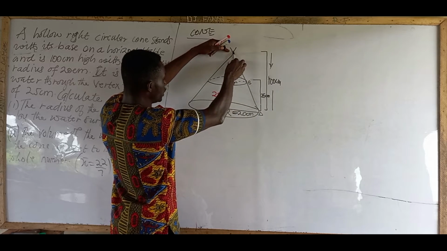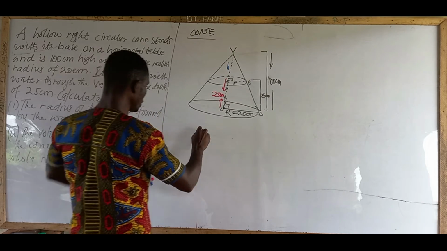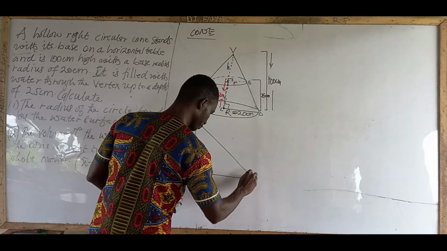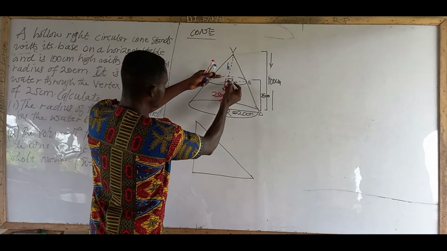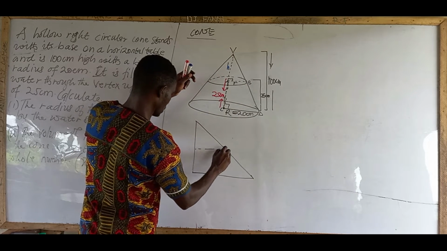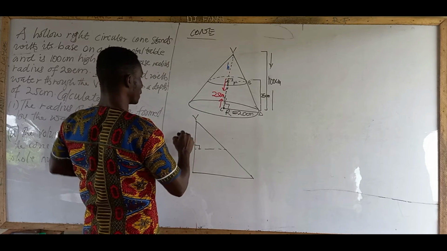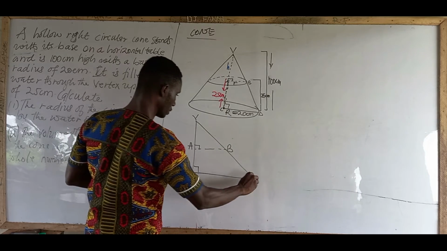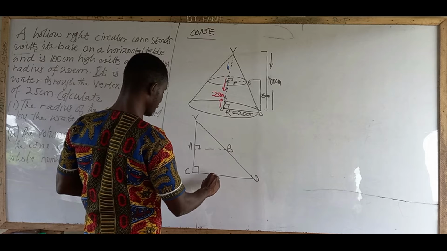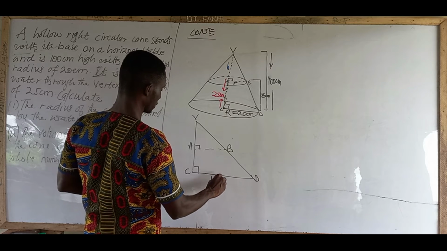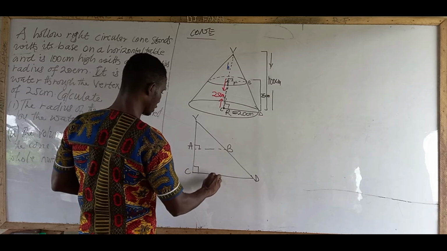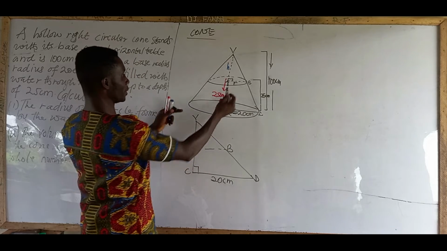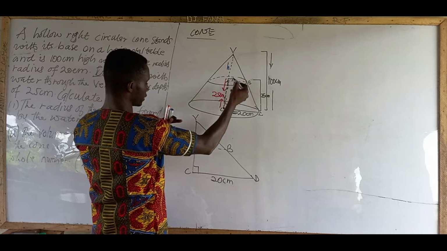So let me pick out that triangle. You see that it will be like this. Here will be V, A, B, C, D, with the radius 20 centimeters, which forms the radius. Now AB, which is also a radius for the small circle, is not known.